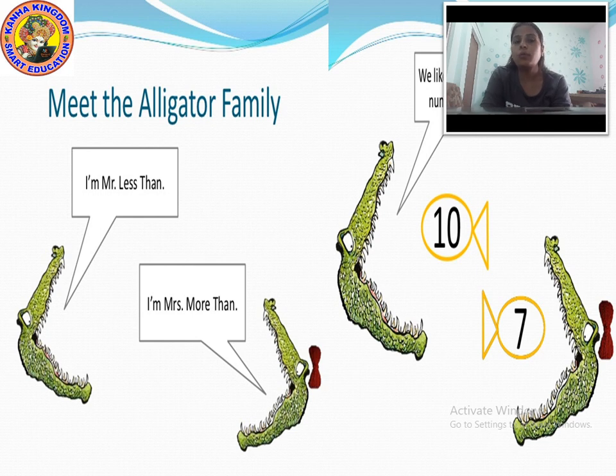He opened his mouth only on the left side. If the thing is on the left side, then only this one opens his mouth.